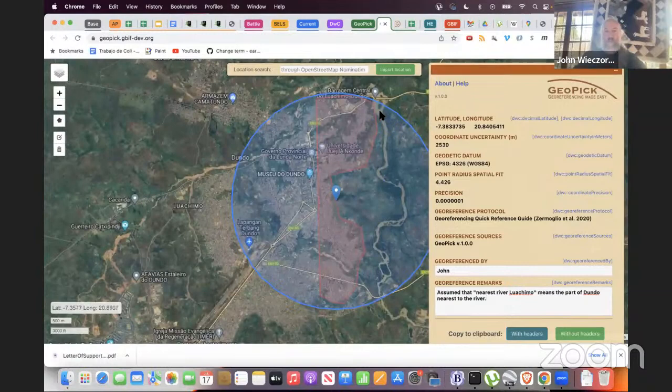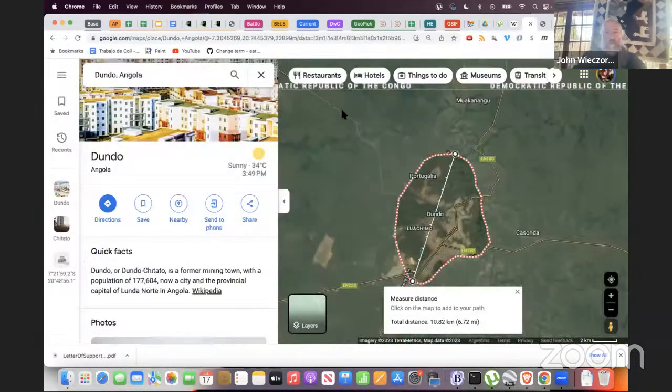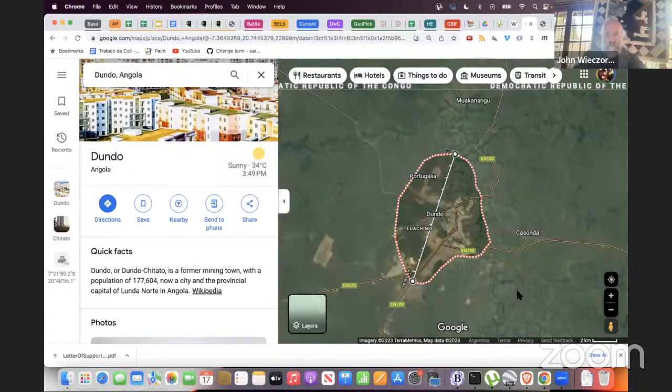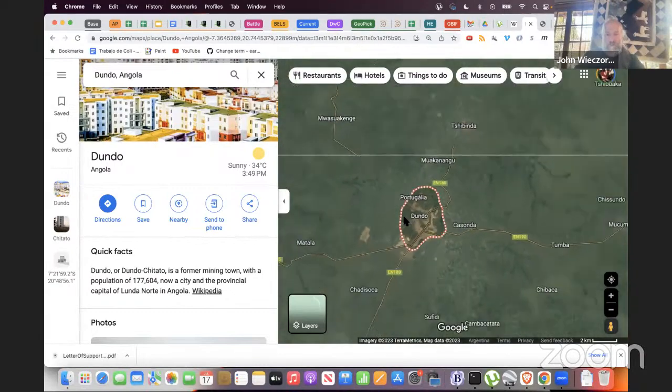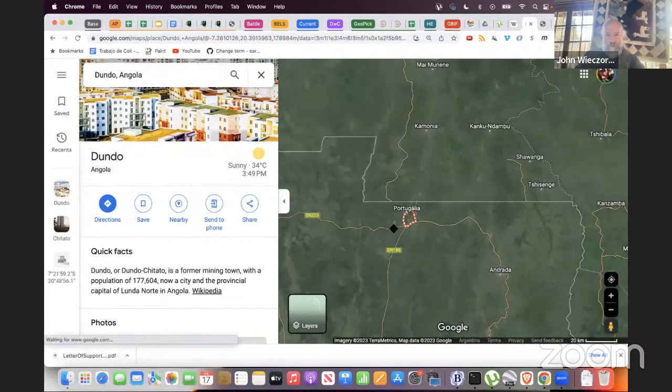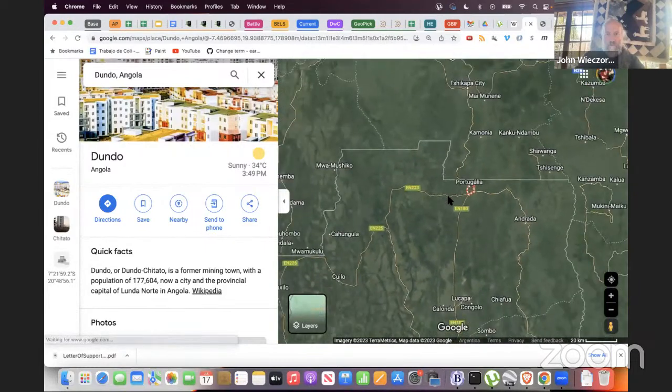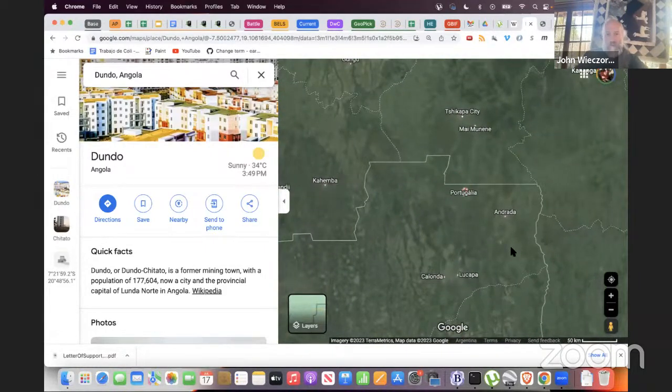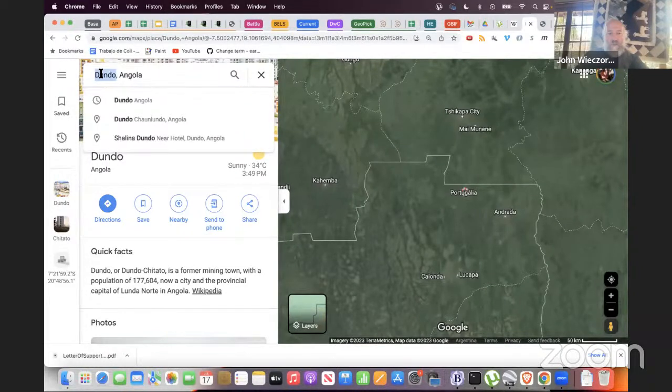Okay, that's a fair question. Let me do that by doing a quick search on Google Maps. So here's my polygon for Dundo. I'm going to zoom out a little bit to give us some perspective. We're in this upper northeast section here on the map. Now I'm going to look for Chitato, Angola.